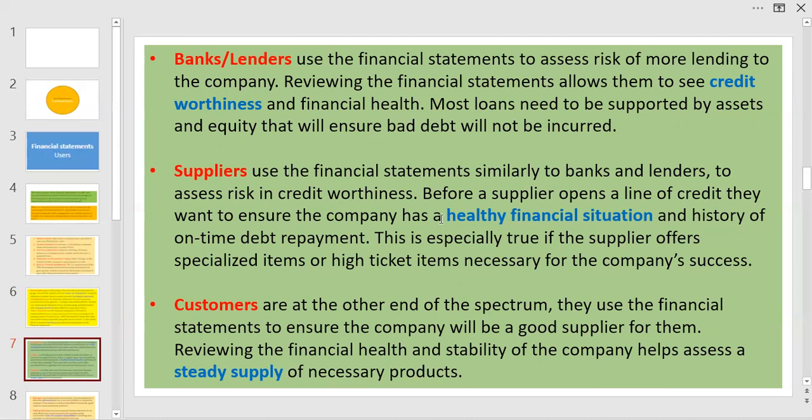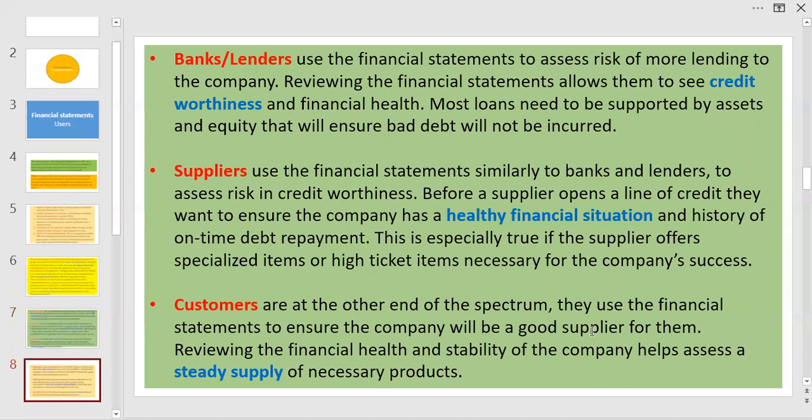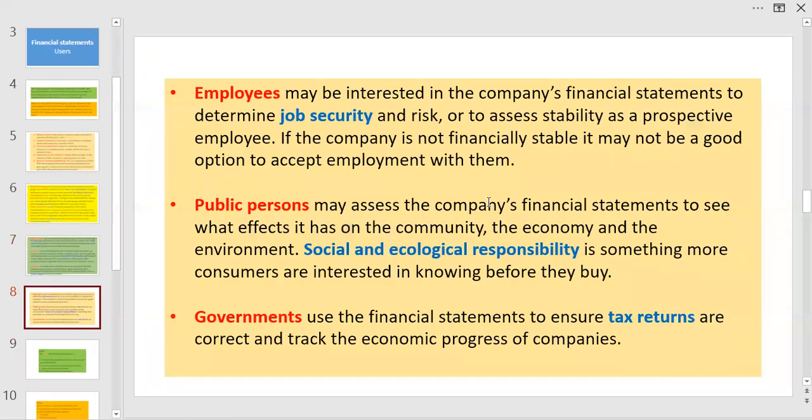Similarly, customers, on the other hand, would like to have a source of steady supply, and they make their decision by perusing the financial statement. Employees and trade unions use it for job security and for negotiations with the management. Governments will use it for tax purposes and regulatory purposes.